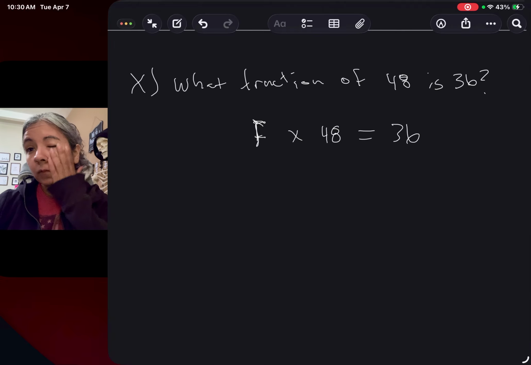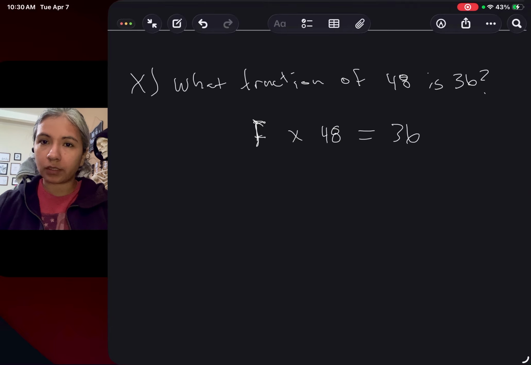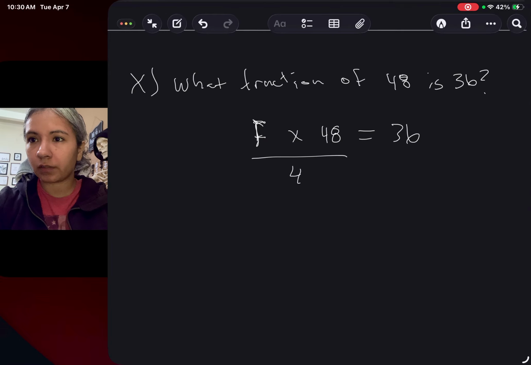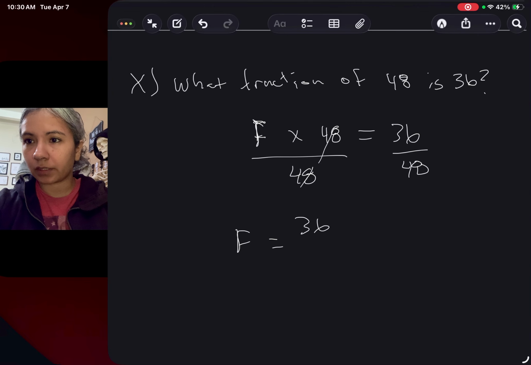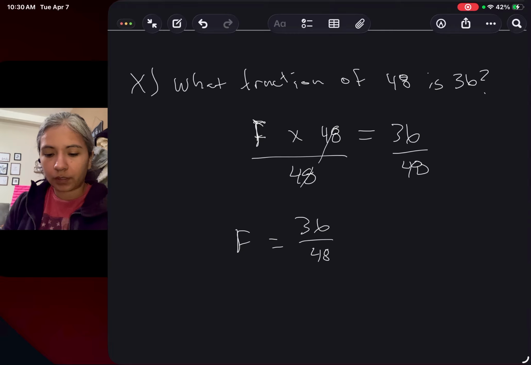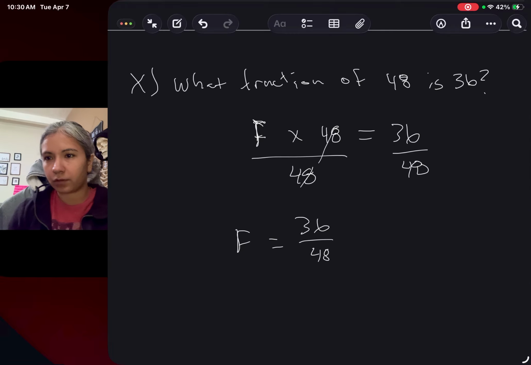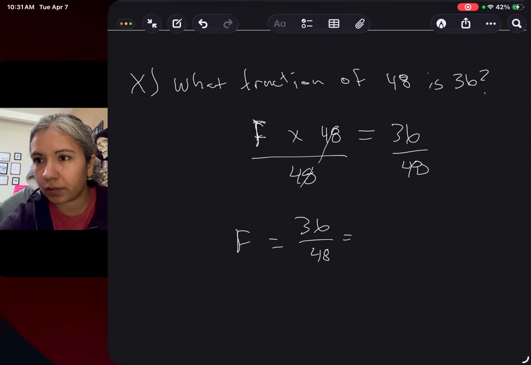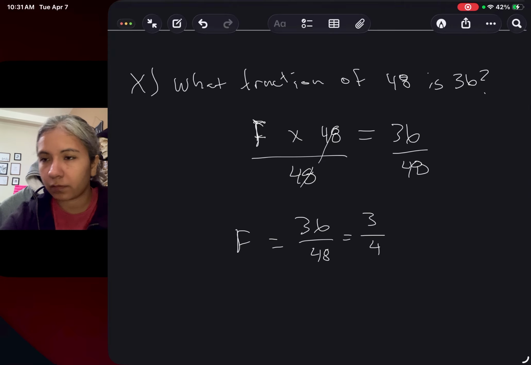Okay, so to get the F by itself, to balance the equation, we're going to divide both sides by 48. That will cancel these out, and our fraction will be 36 divided by 48. We can reduce that, definitely divide by 2, but we can keep dividing, and that will give us 3/4, right?